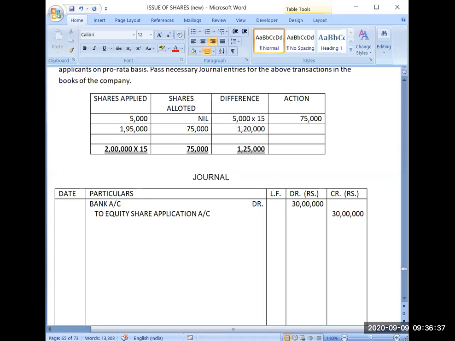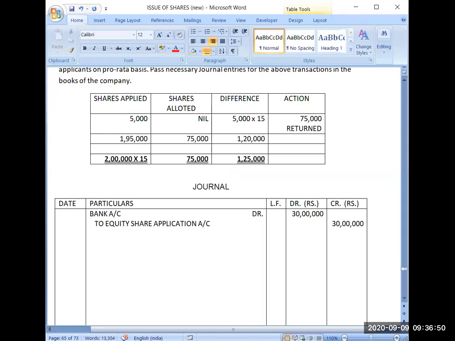Yes, obviously, when I am not giving them any share, I should return their money. So 75,000 will be returned. Tell me, this point is clear.